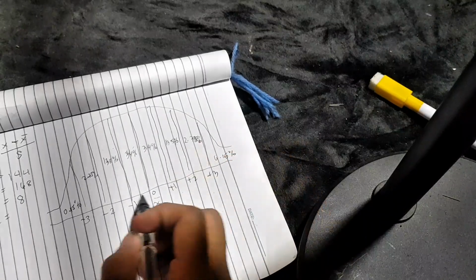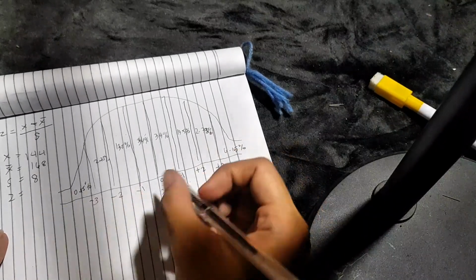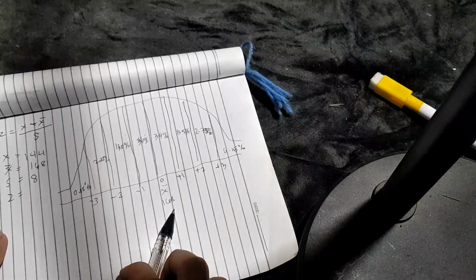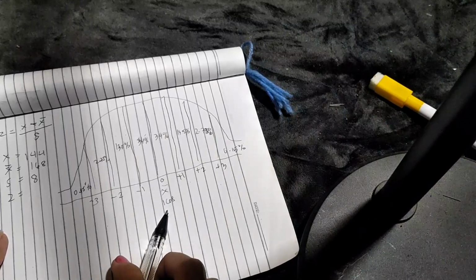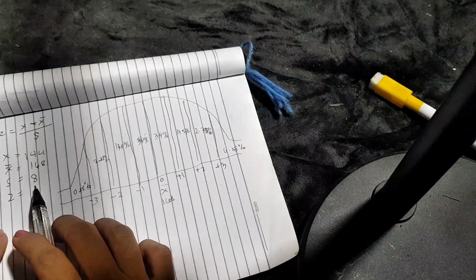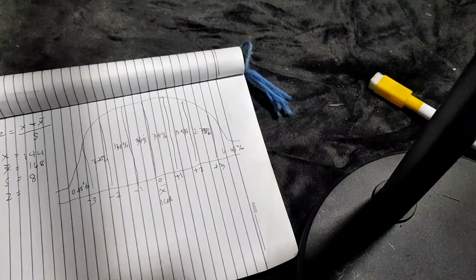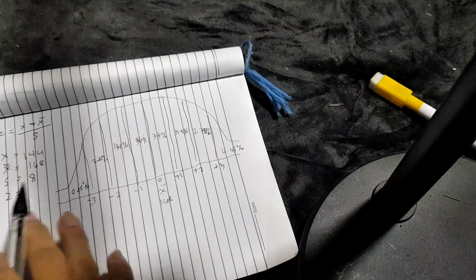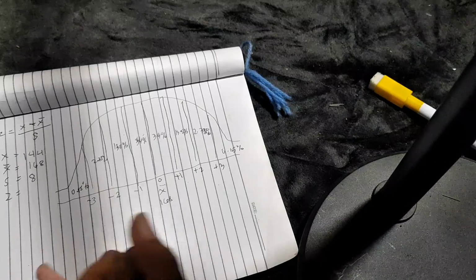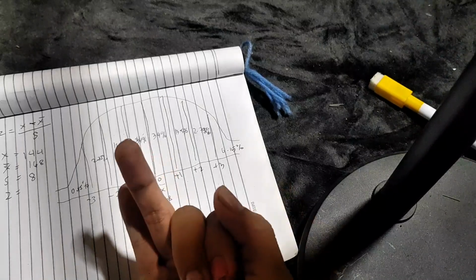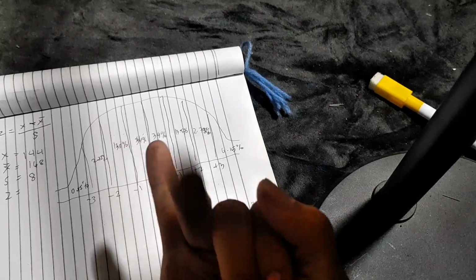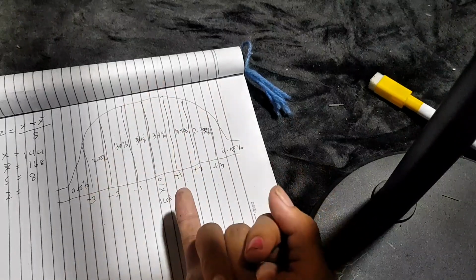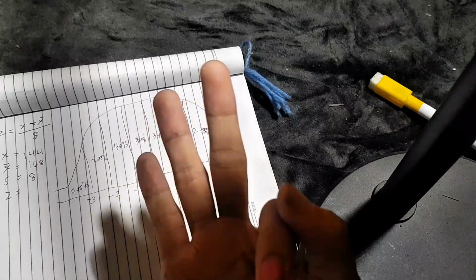So the mean is 168. We're going to write the 168 down there. Dahil ang standard deviation natin is 8, start tayo sa 169, 170, 171, 172, 173, 174, 175, 176.